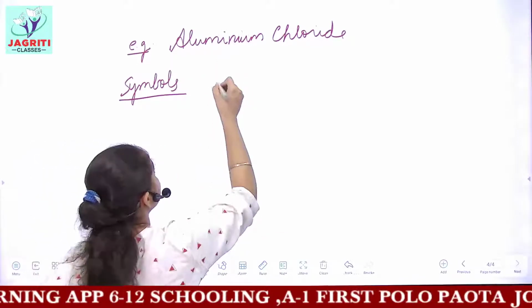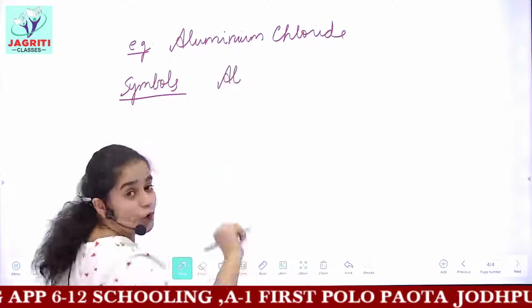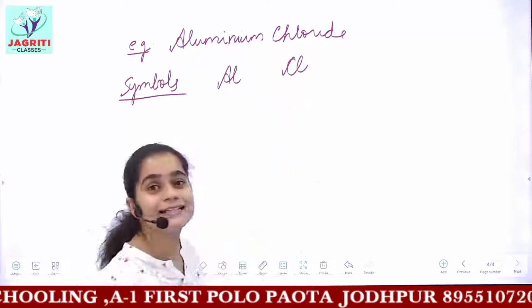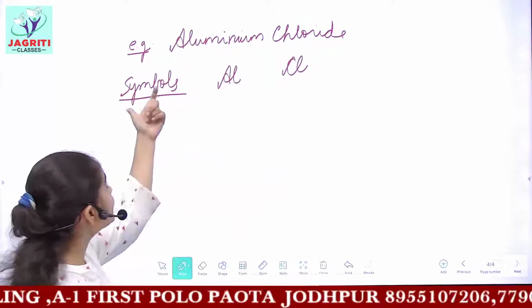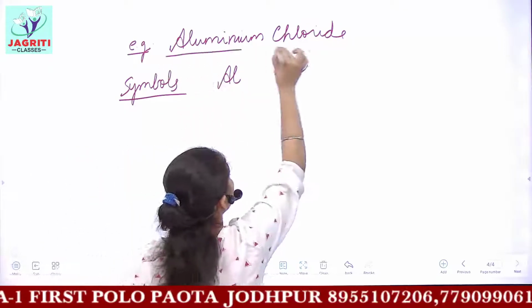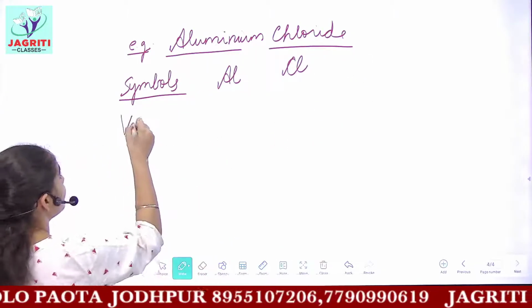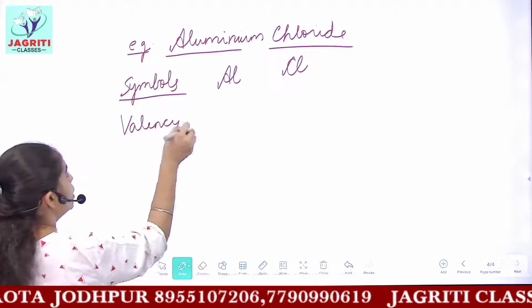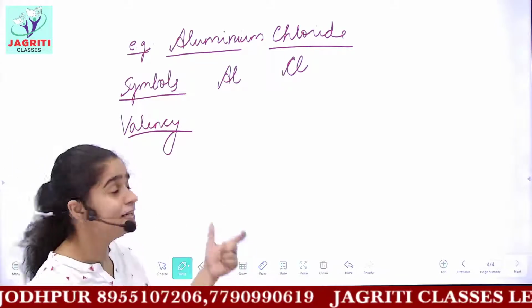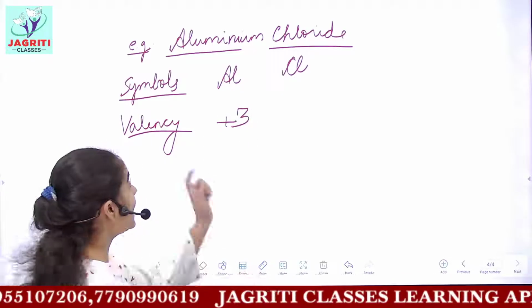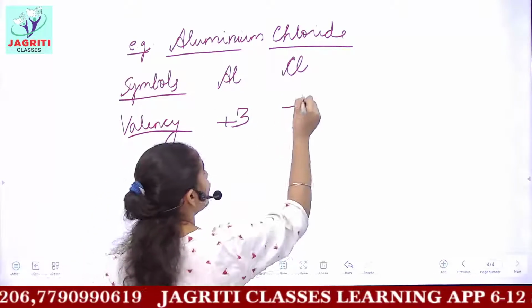Al stands for aluminium and capital C, small l stands for chloride. Now what to do next? Next you have to write their valencies or charges. We have just recently discussed this, okay? The valency of aluminium is +3 and the valency of chloride is -1.